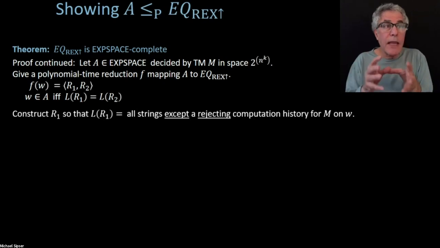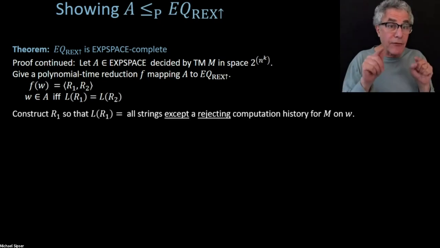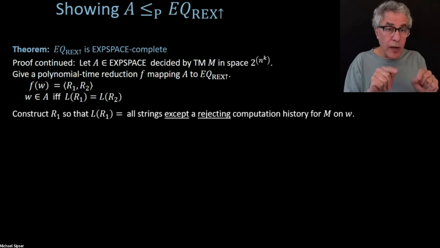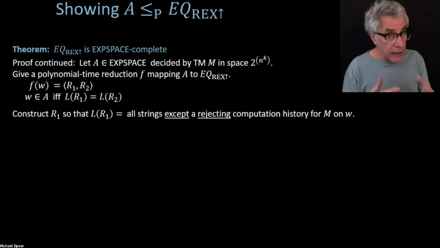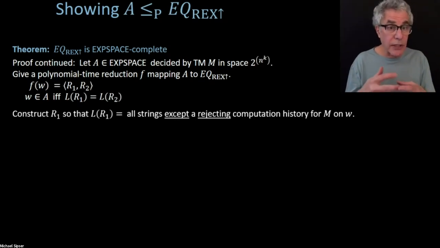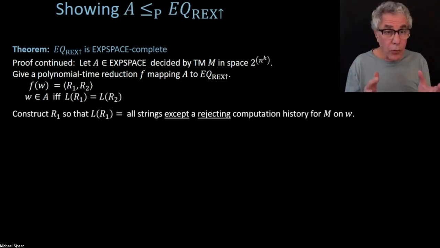Okay? And we're going to make a regular expression R1 that describes all strings except for that one. It's going to avoid describing a rejecting computation history for M on W. Otherwise, it's going to describe all possible strings. Now, if M does not reject W, namely M accepts W, by the way, it does not have a rejecting computation history. What is R1 describing?